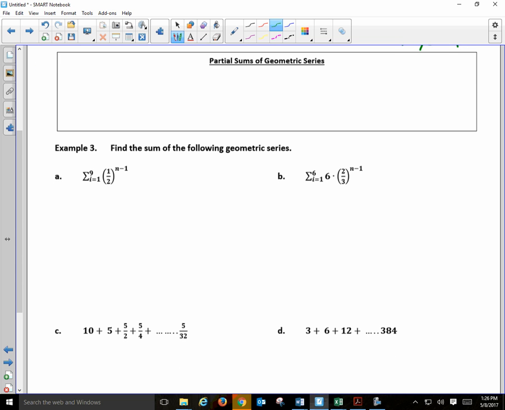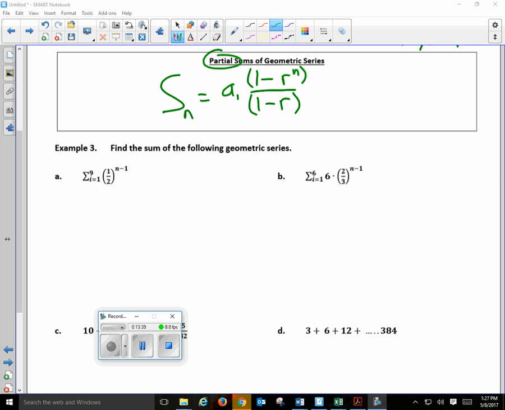Okay, we move on to partial sums of geometric series. There is your formula.